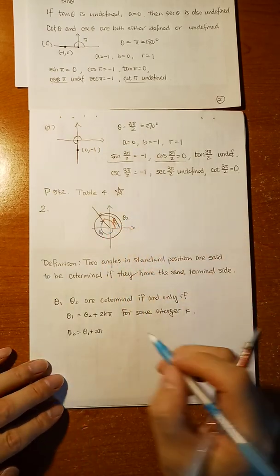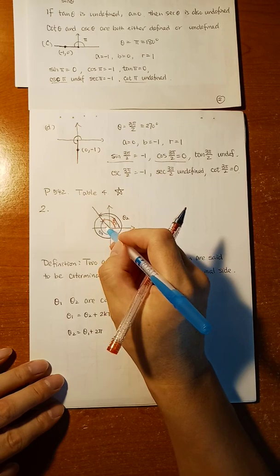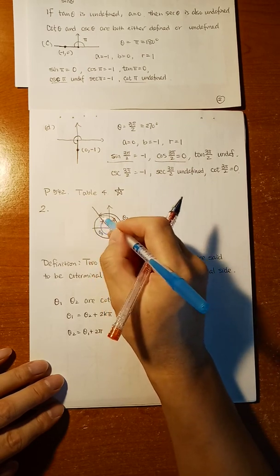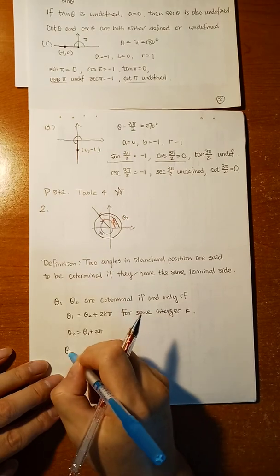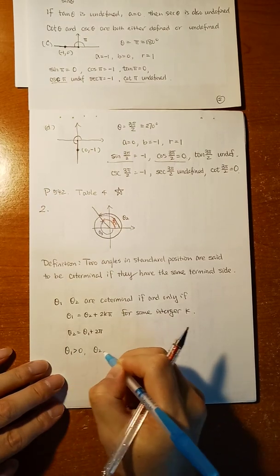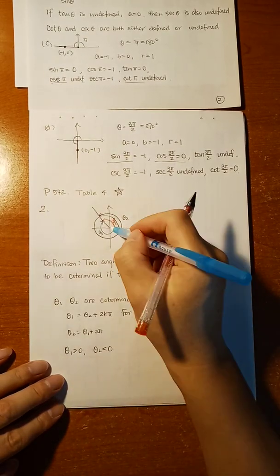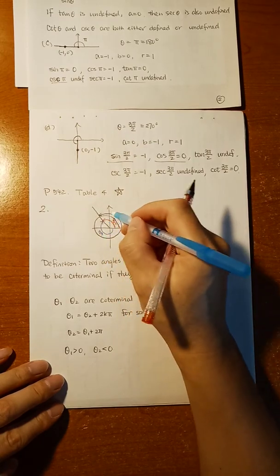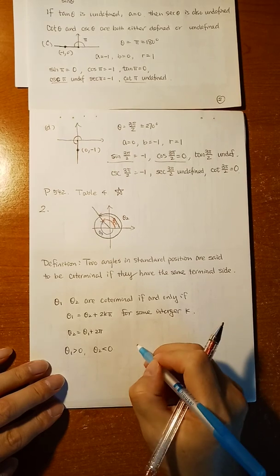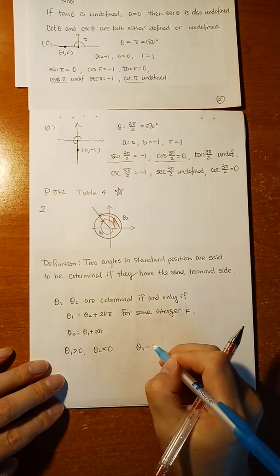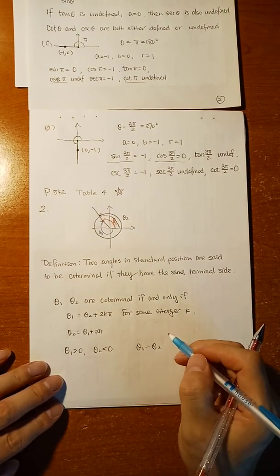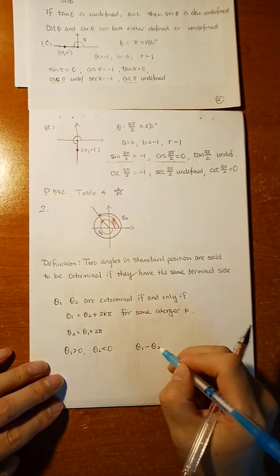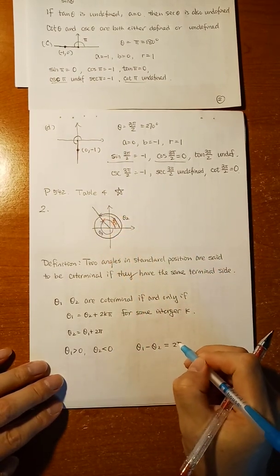What is the relation? Remember, theta 3 is negative. Theta 3 is clockwise, it's negative. Theta 1 is positive. But they make one complete revolution. So you have to write it this way: theta 1 minus theta 3 is equal to 2 pi, one revolution.